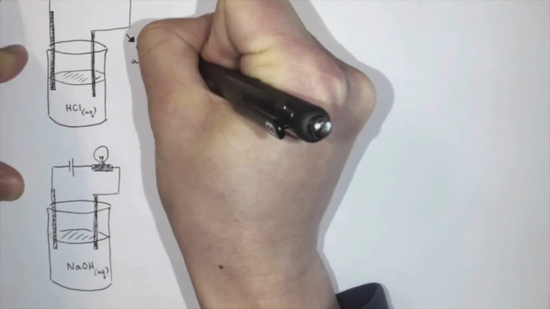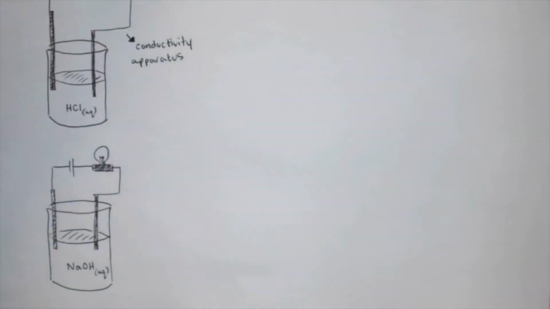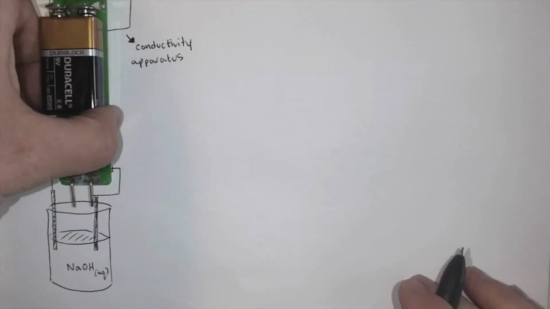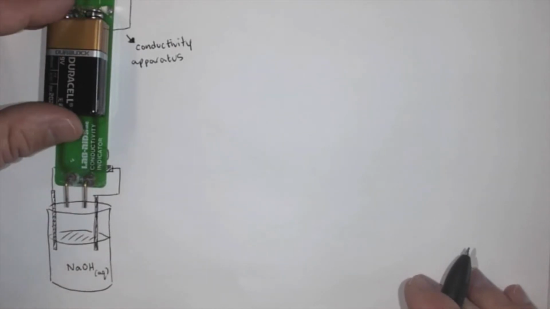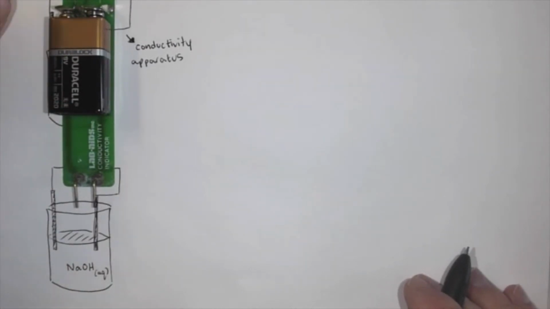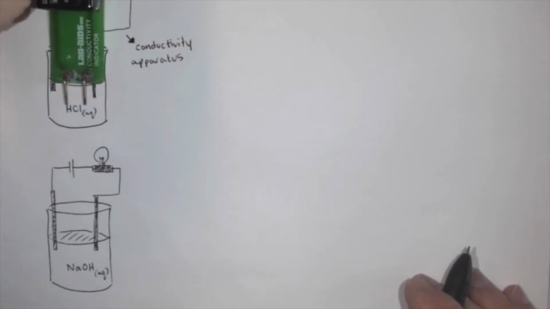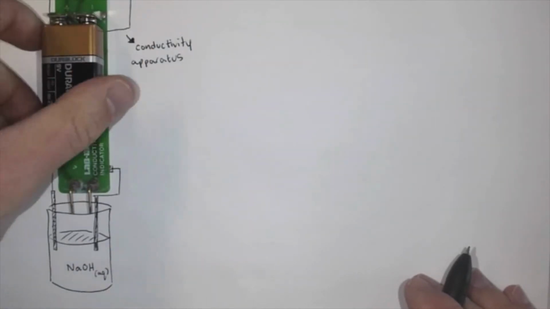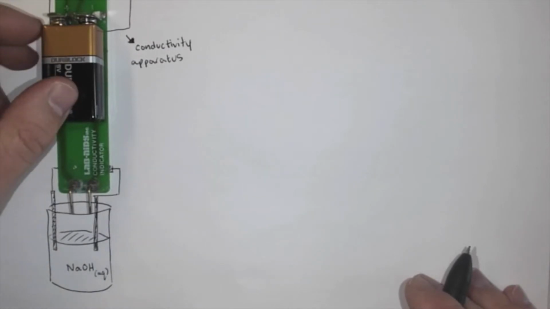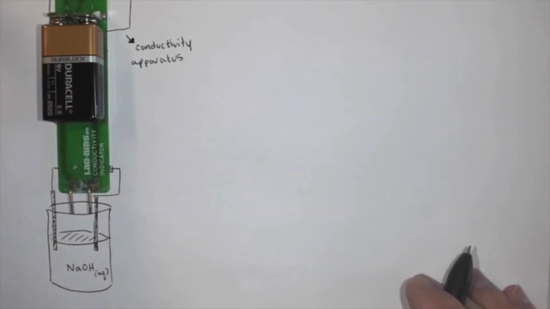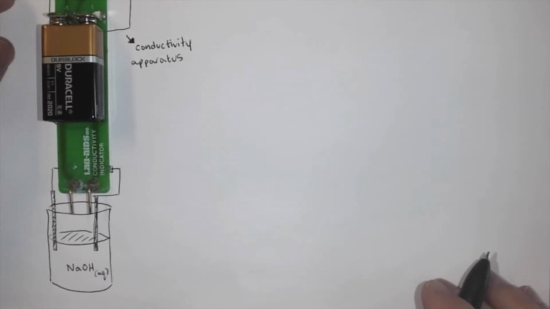I've just done a very crude sketch of one, but you can imagine it kind of looks something like this. It's got a battery, some wires hooked up to a light bulb, and then it's got two electrodes that you would stick in the solution, and if it conducts electricity, the light bulb will flash because it allows the flow of electrons through its circuit.